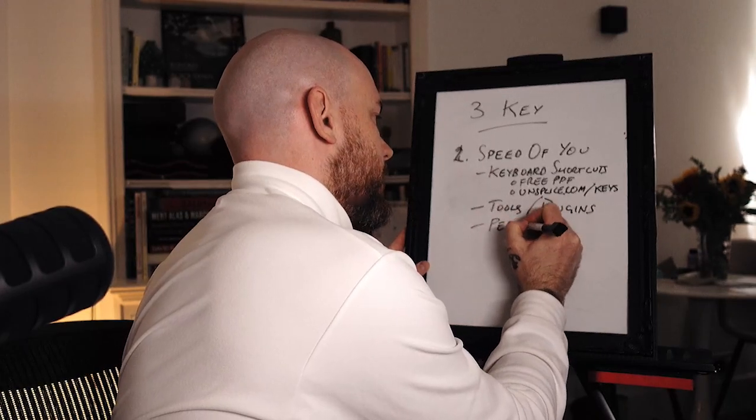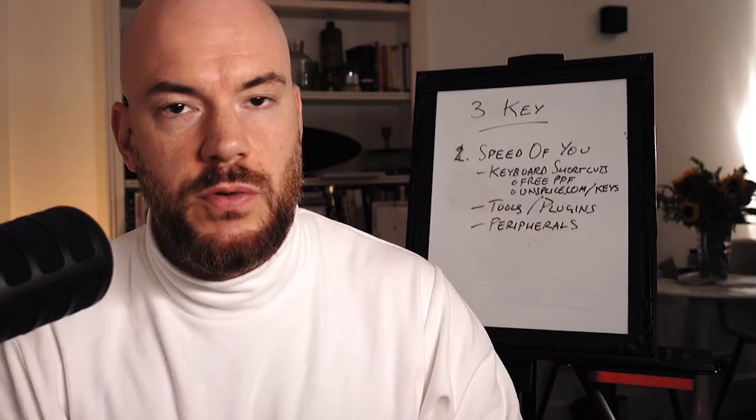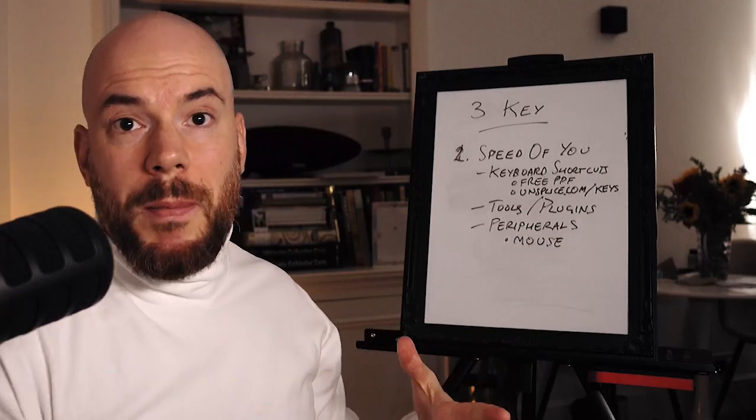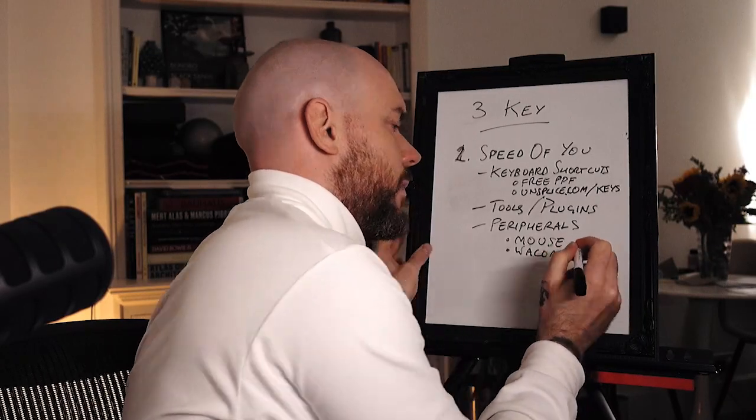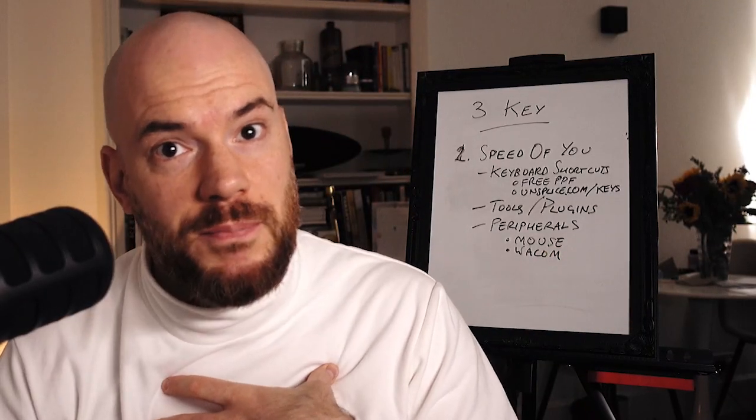And finally, your peripherals. That is your mouse. I know we said that the mouse is the slowest tool to use, but you still need to use it. And so you want something that is really, really ergonomic and great. I'm a big fan of a Wacom tablet or something similar.